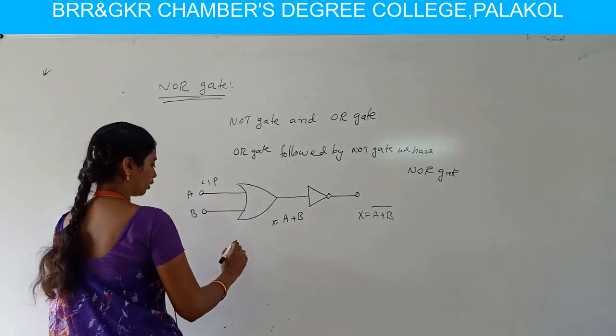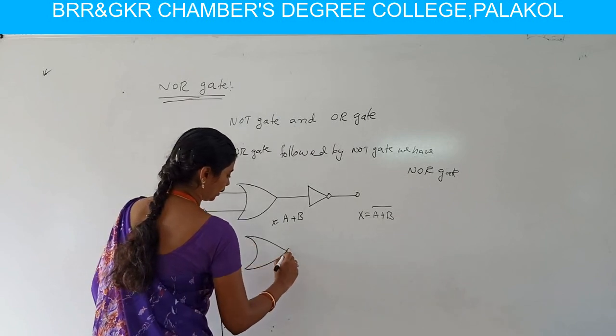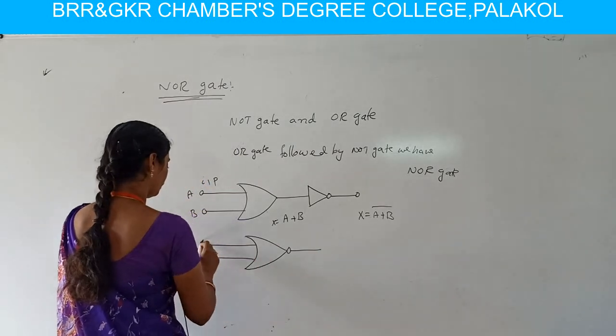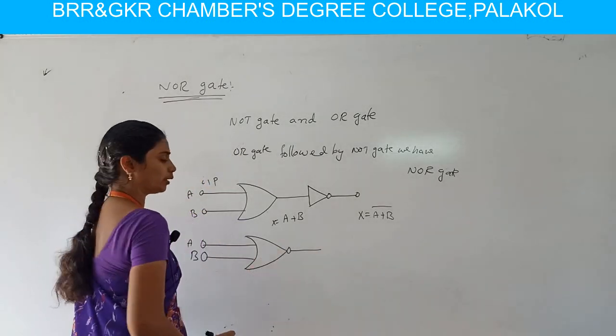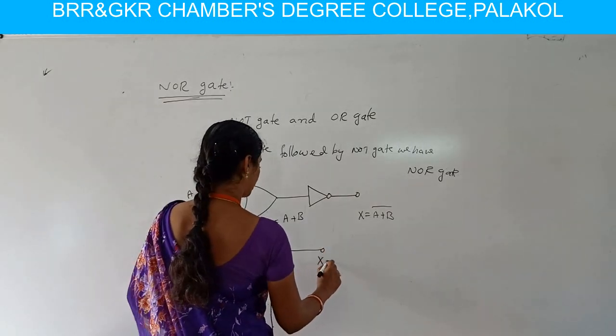It means the NOR gate symbol is nothing but the OR gate symbol followed by a bubble, which gives the NOR symbol.